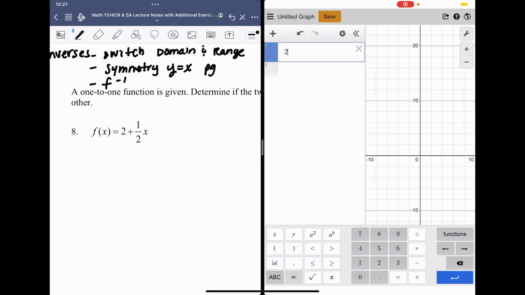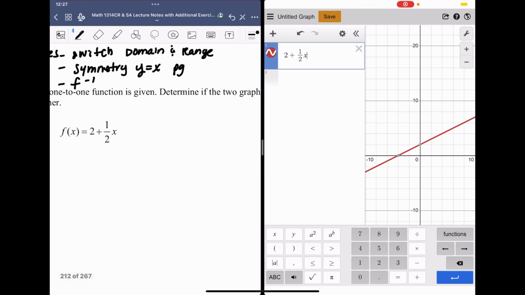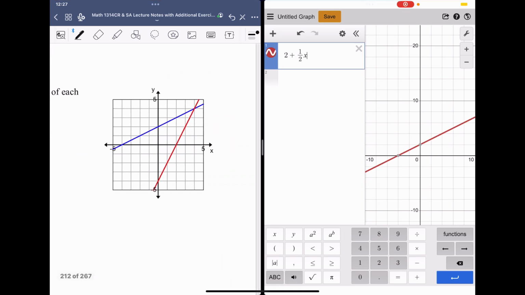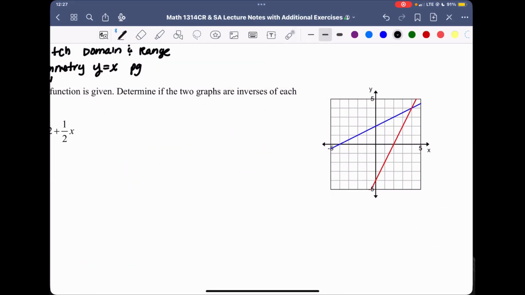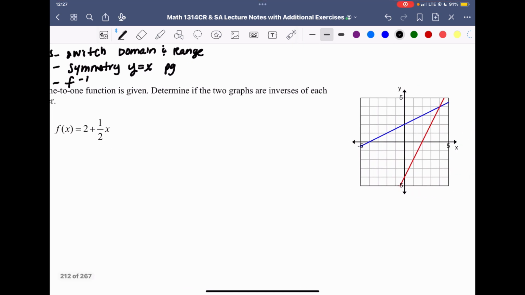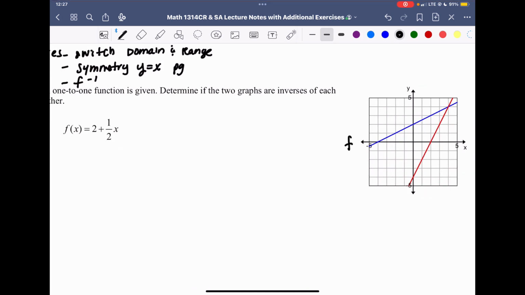So this is going to be 2 plus 1 over 2x. So when we look at our graph, it's the blue one, not the red one. So this is my graph of f. This is my graph of the inverse.